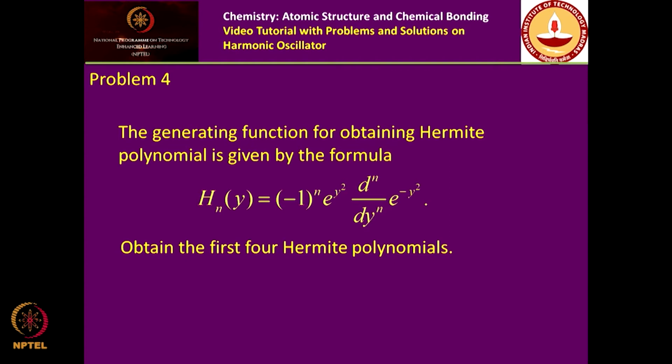Here it says 4 Hermite polynomials, but again it is simply application of the derivative to the exponential minus y squared. Okay. So, let us see that quickly for 1 or 2 of them. It is minus 1 raised to n. Let us copy this formula.